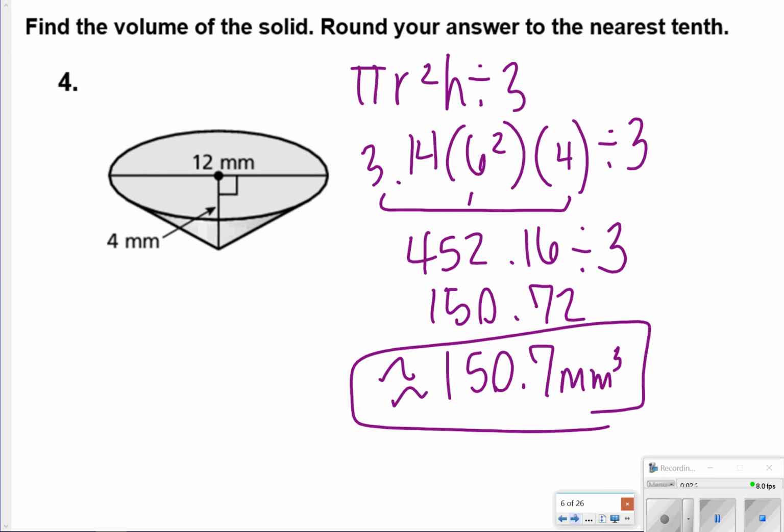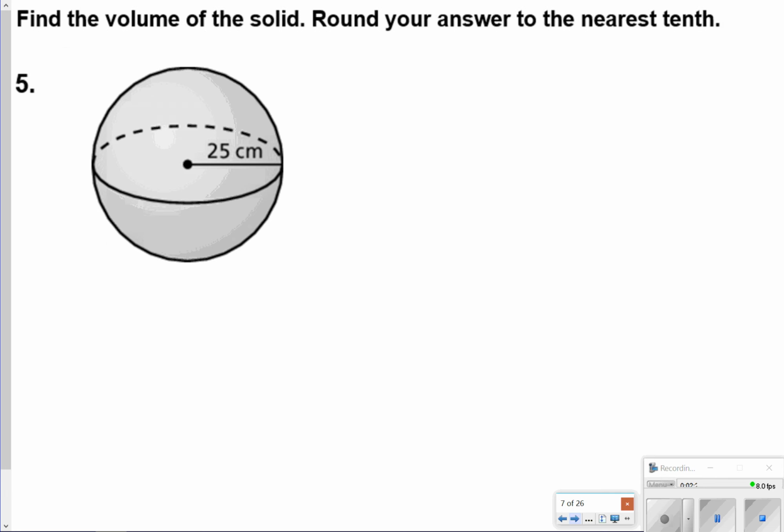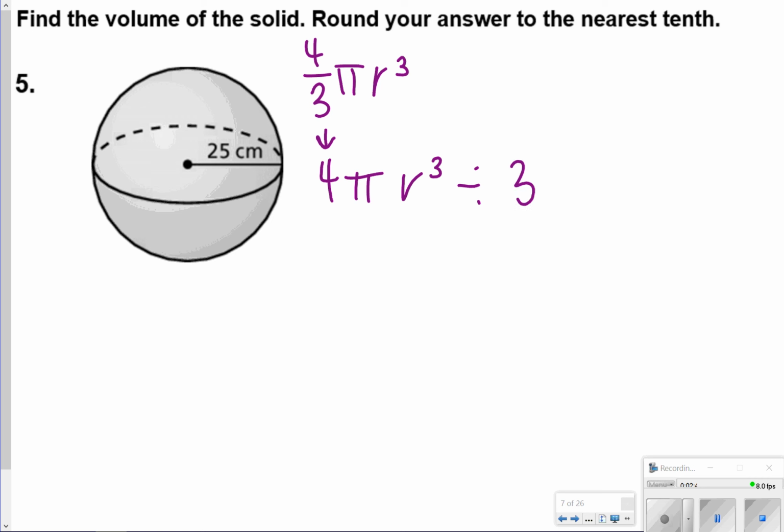Okay. Number 5 is your sphere. Again, your formula will look like this: 4/3 pi r cubed, and what we've been talking about in class is what we can probably do is take 4 multiplied by pi and cube the r and then divide by 3. So that's what we're going to do.